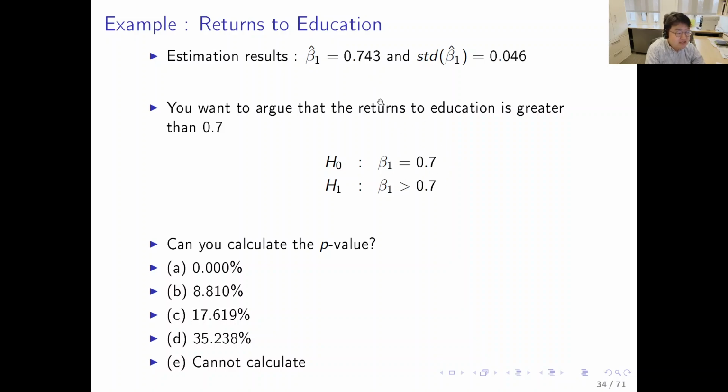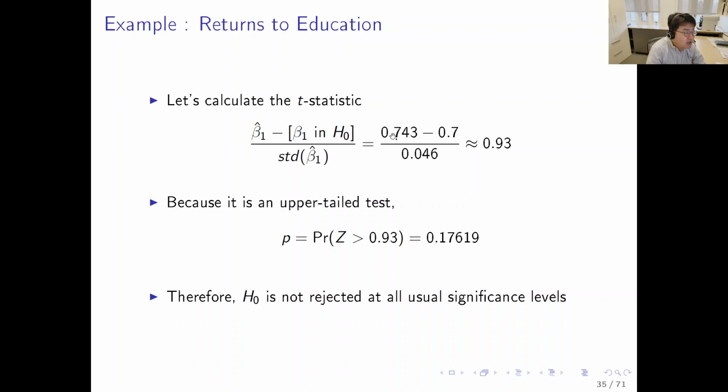The difference is 0.043, and you standardize it by the standard error, which was calculated from Excel. Then your t-statistic is 0.93. The difference is slightly smaller than the standard error.